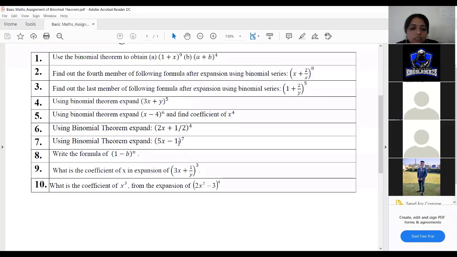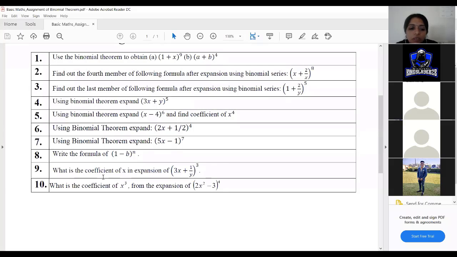So, students, give me the answer of question number 9, the second last question. What is the coefficient of x in the expansion of (3x plus 1 upon y) whole cube?